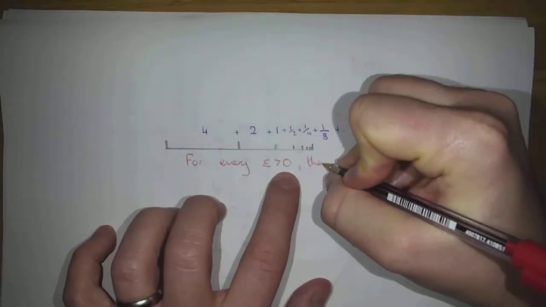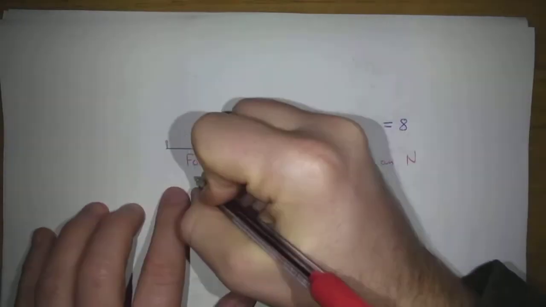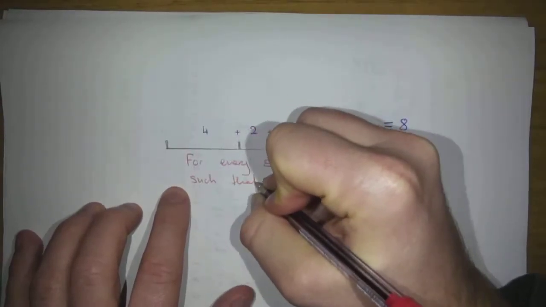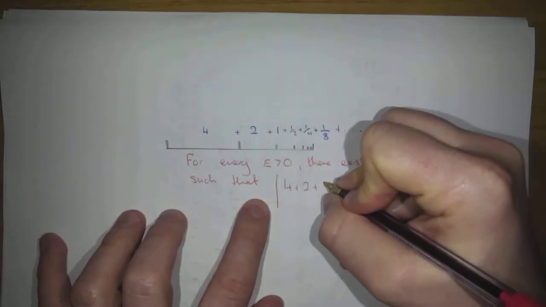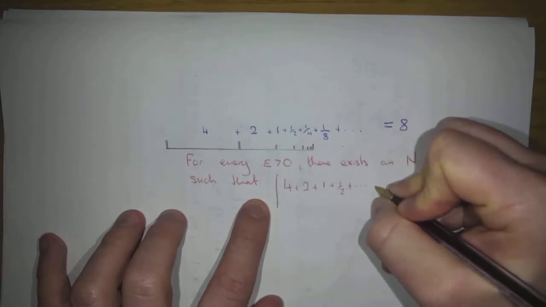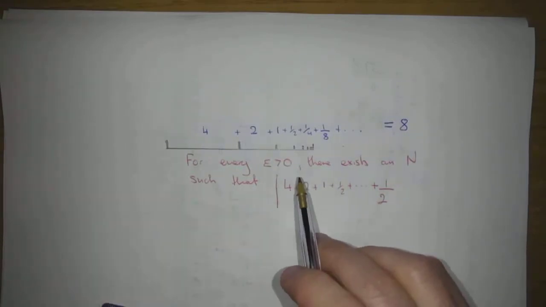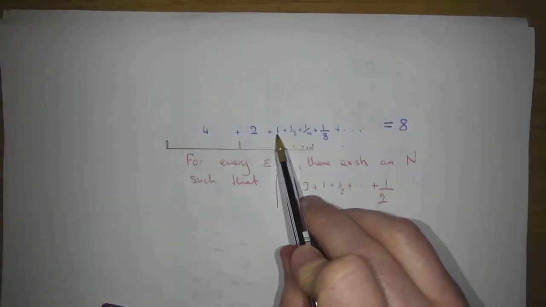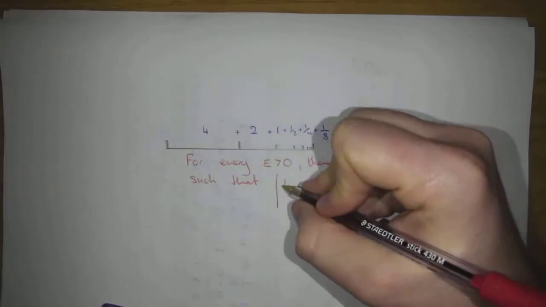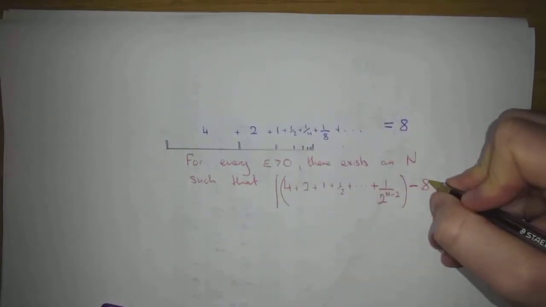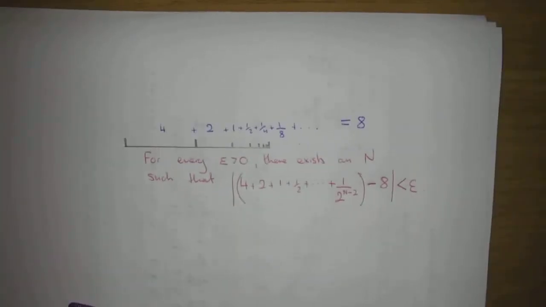There exists a big number n such that the difference between this sum with n terms, which will be 1 over 2 to the power of, let's see, n minus 2, I think, and 8 is less than epsilon. So it's basically saying that you can get as close to 8 as you want.